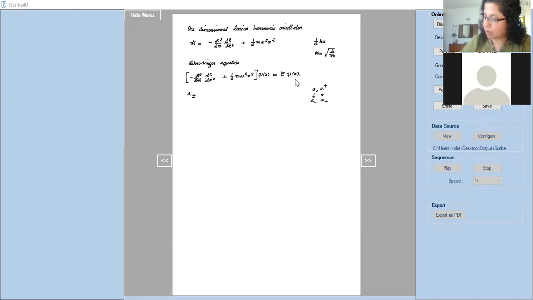So kindly do not get confused in certain places if they have written it in terms of a and a dagger. You do know that this a plus and a minus are essentially the adjoints of each other, right? So essentially, one is the a dagger counterpart of the other.